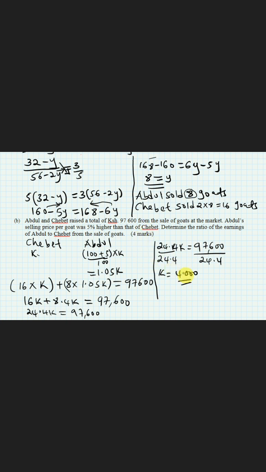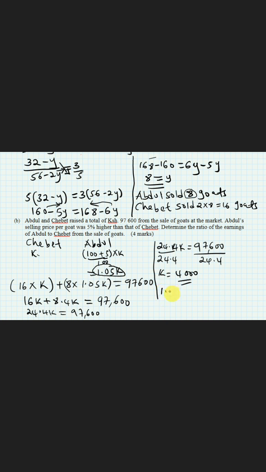So with this value, now we know that the selling price for Chebet per goat is equal to 4,000. We can also now determine the selling price for Abdul, because we know the selling price for Abdul is given by 1.05K.